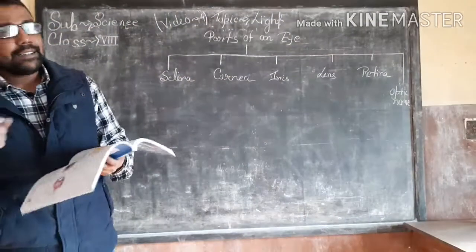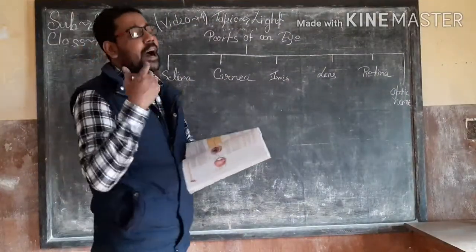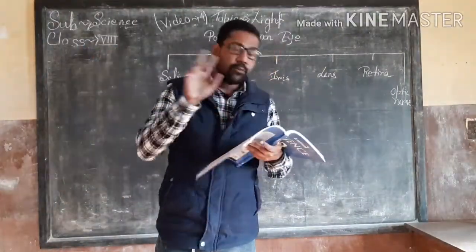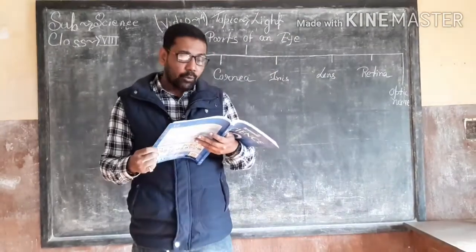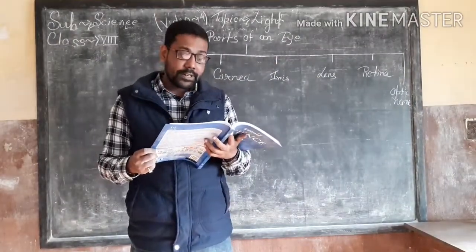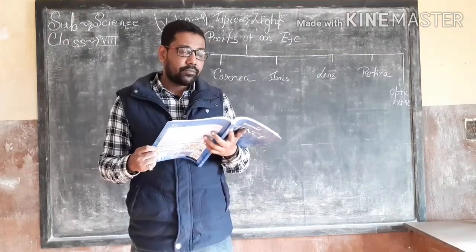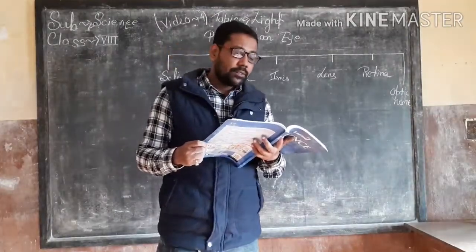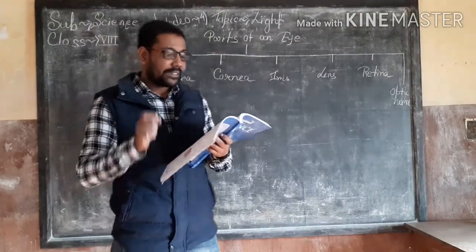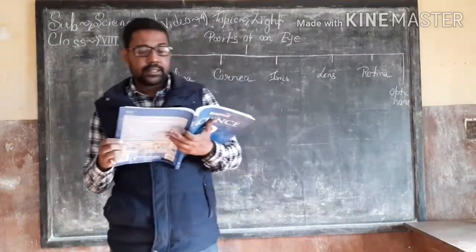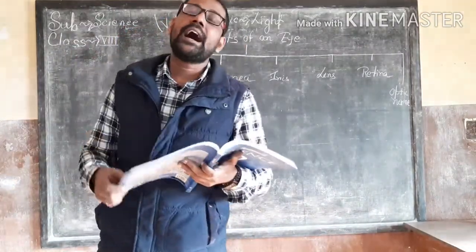So what is the functionality of the iris? It regulates the amount of light entering the eye by adjusting the size of the pupil, and the pupil is nothing but a teeny hole in the center of the iris.